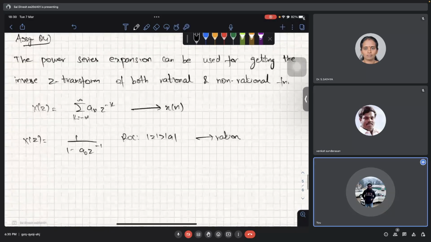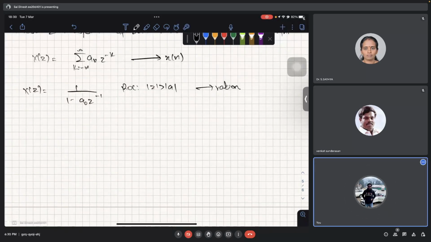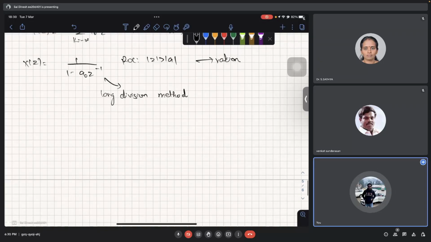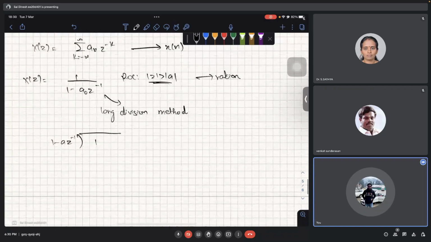So can power series expansion be done here? Yes. How do we do this? Using the long division method. So let's say you have 1 minus a z inverse, and here it is a right-sided sequence, so it should be of z inverse terms. Let's say we have multiplied by 1 times z inverse. So it will be minus a z inverse.